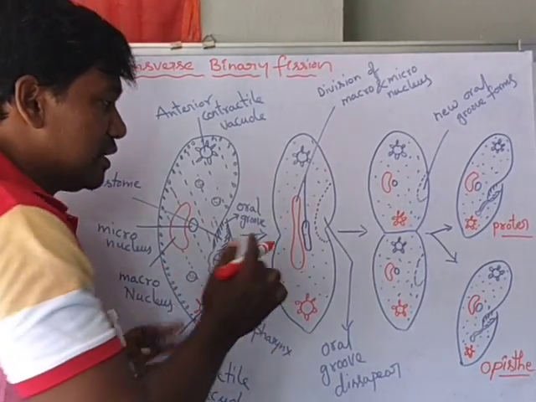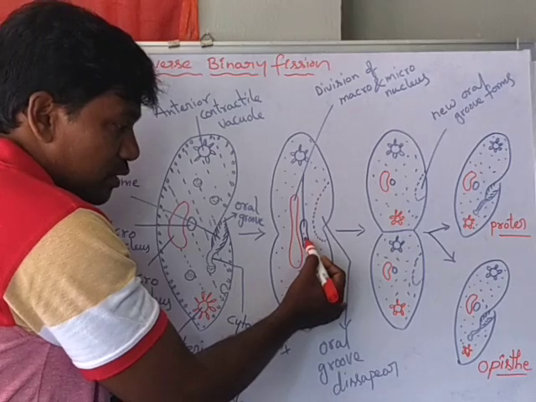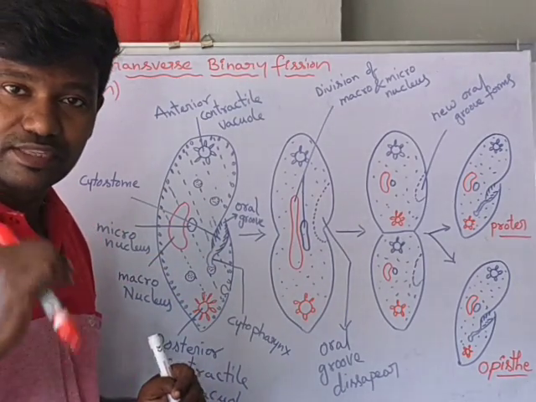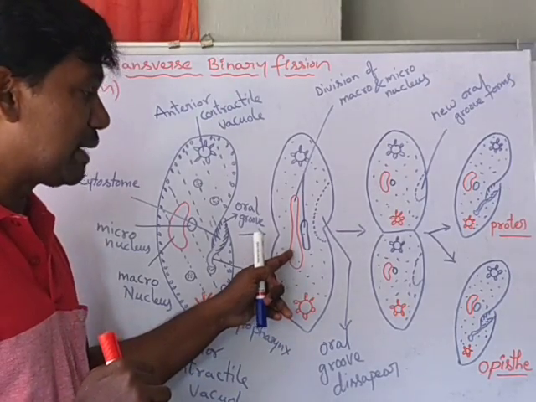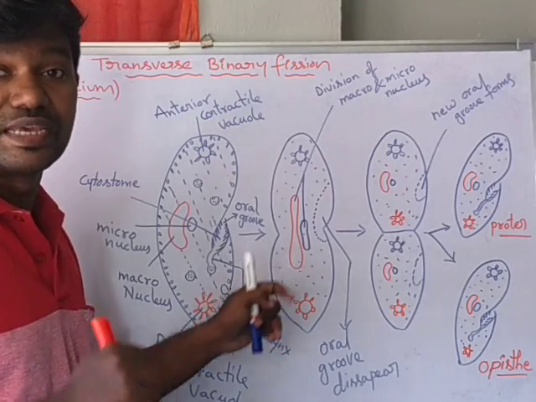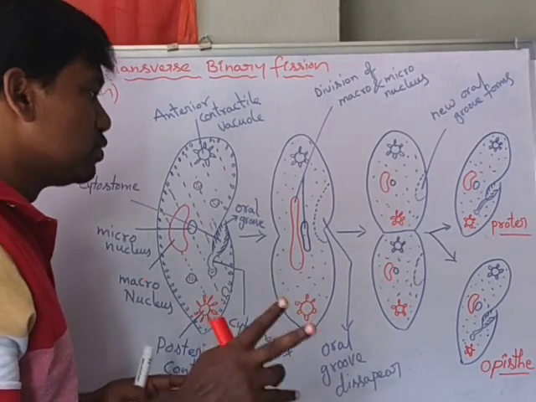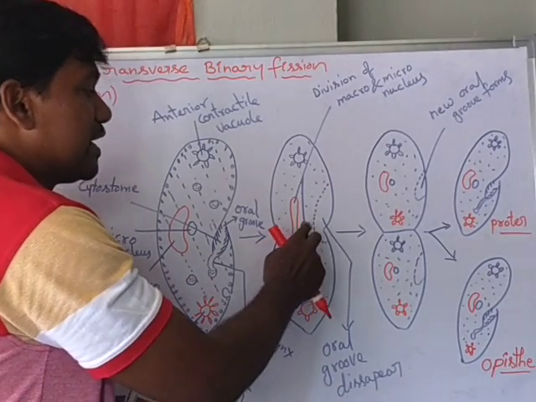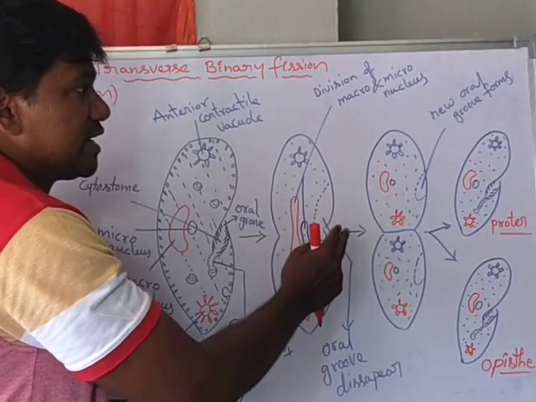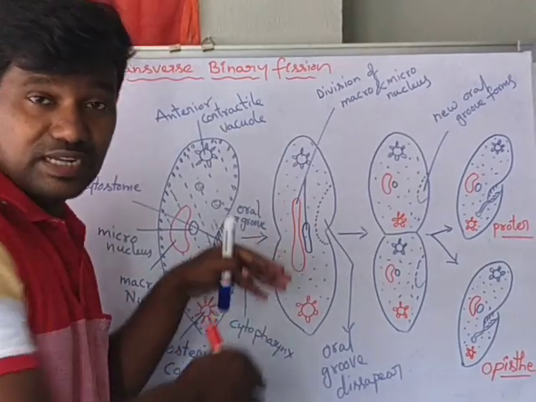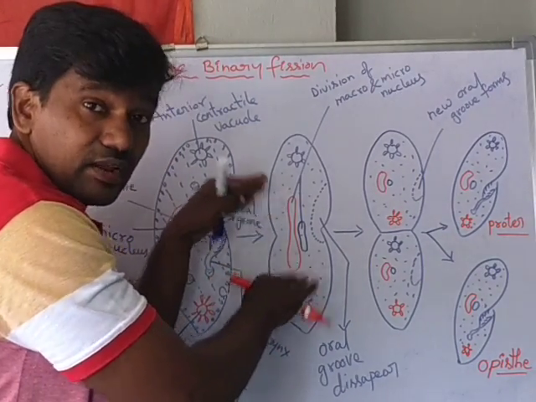Here, observe that the micronucleus divided into two daughter micronuclei by mitosis, and the macronucleus divided by amitosis. In these two ways, the macro and micronucleus both divide. The division is starting now.